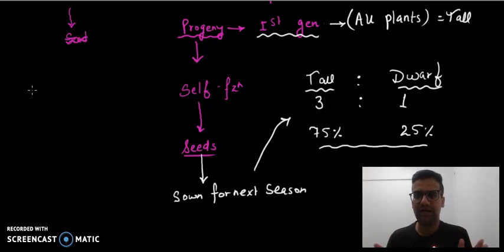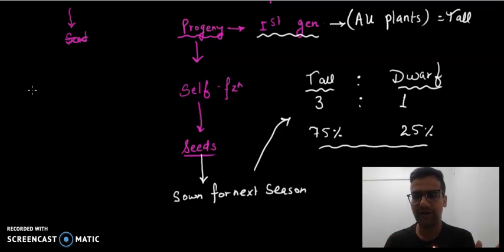So this was the Mendel experimentation part, performed in 3 steps. The first step was selection of the parental plant, the second was cross-pollination, and the third was self-pollination or self-fertilization. Upon self-fertilization, he obtained the ratio of 3:1, that is 75% to 25%.